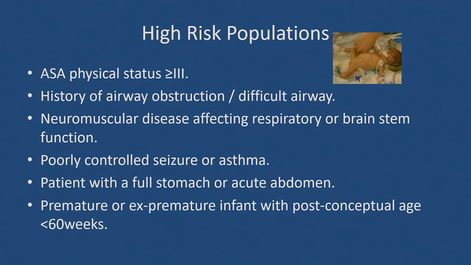Apart from ASA classification, high-risk populations also include history of airway obstruction or difficult airway, neuromuscular diseases affecting respiratory and brainstem function, poorly controlled seizure or asthma, full stomach or acute abdomen, and preterm infants below 60 weeks post-conceptional age.